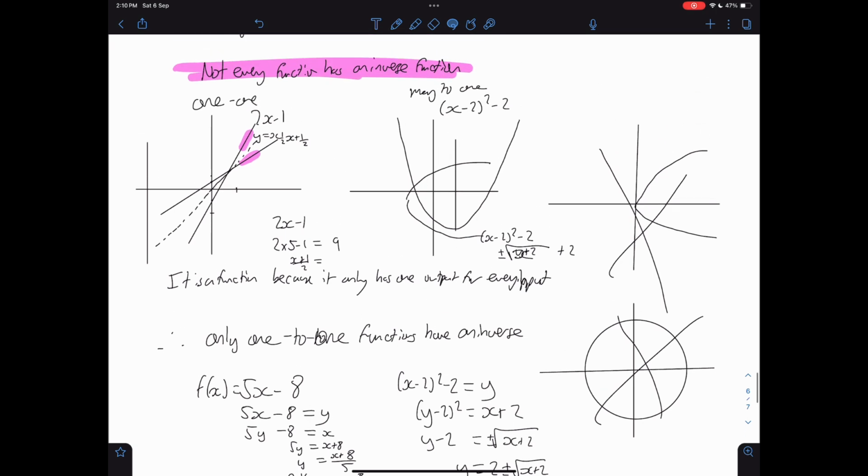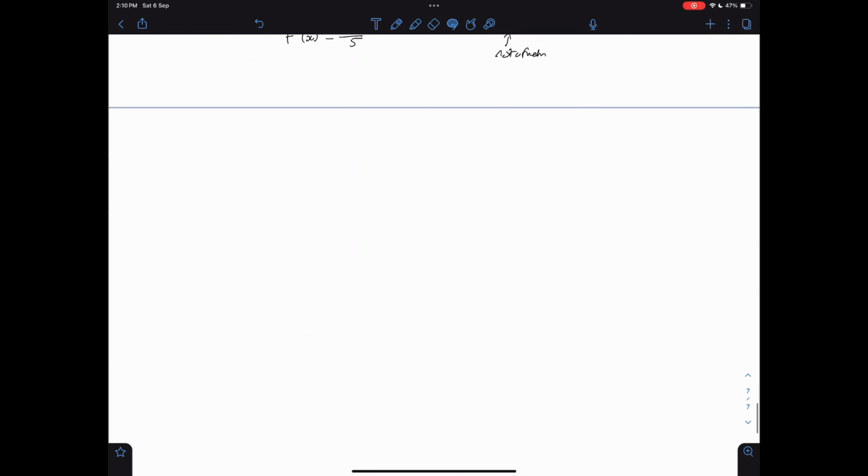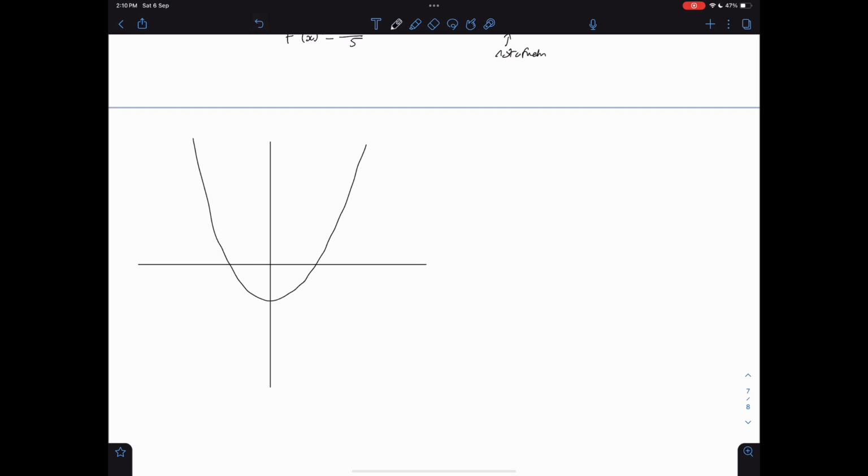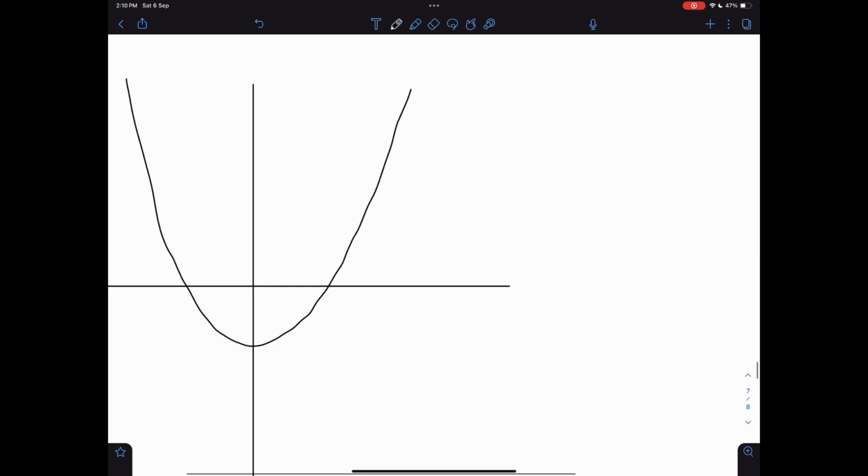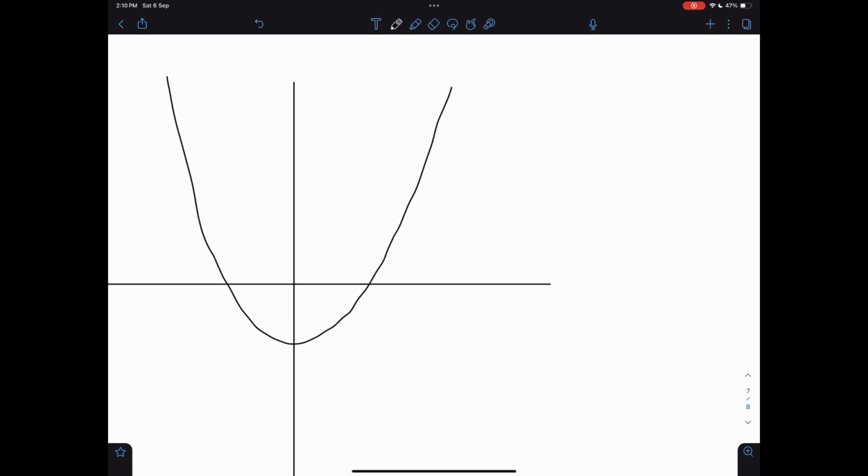And additionally, if I move on to another page, we talk about many-to-one functions not having an inverse. But there are ways that we can make this one-to-one. We can restrict the domain.